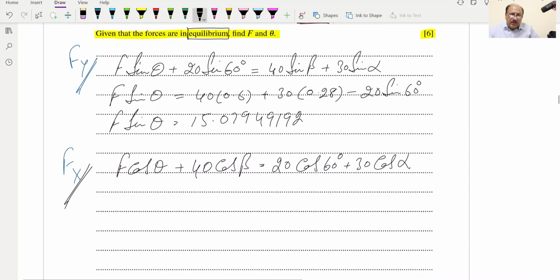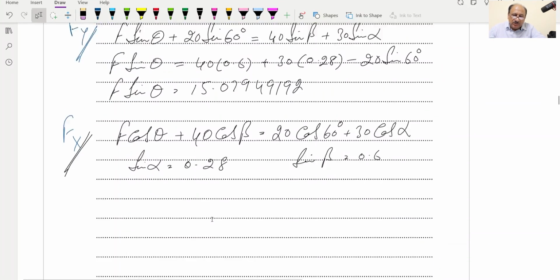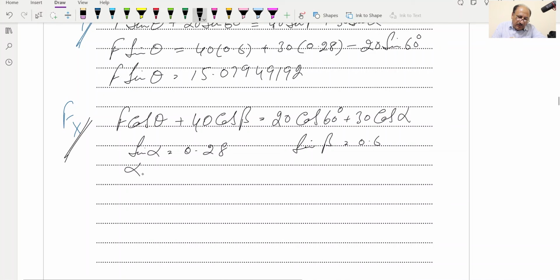Now sine alpha is given, sine alpha is equal to 0.28, and sine beta is equal to 0.6. So for example alpha is equal to sine inverse of 0.28, and beta will be equal to sine inverse of 0.6.